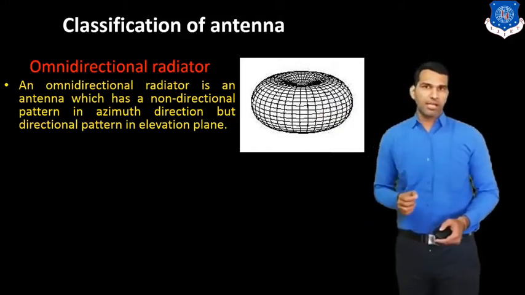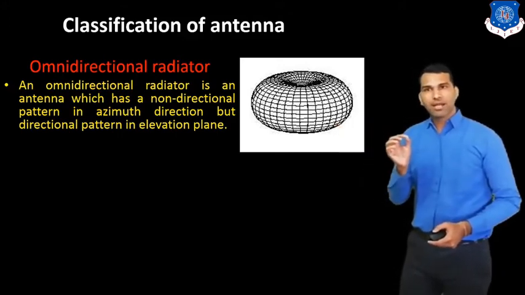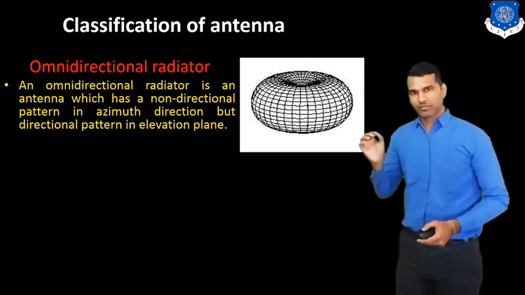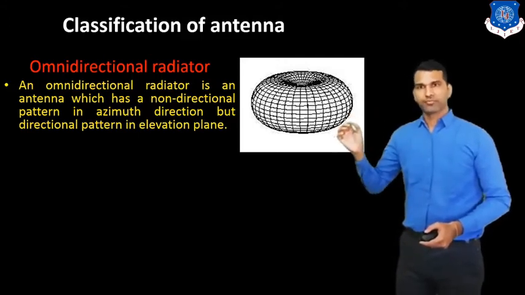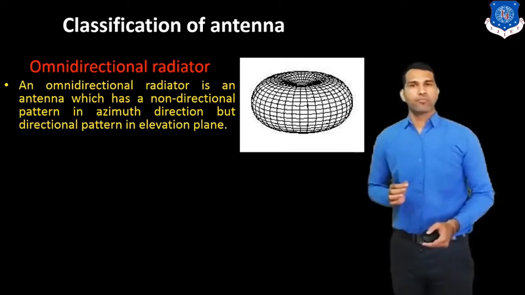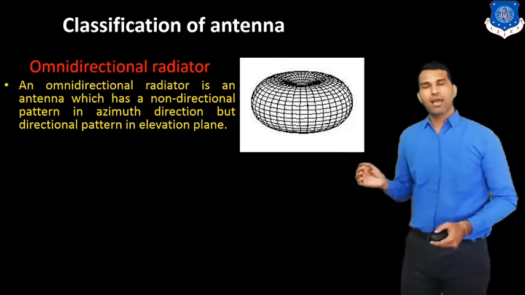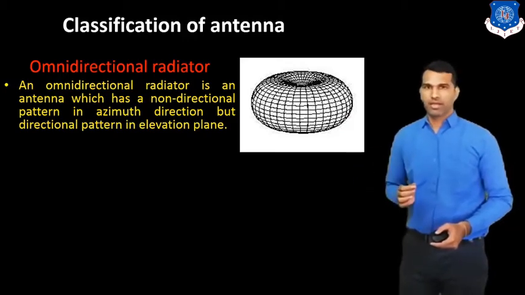You can see the non-directional pattern in the azimuth and the directional pattern in the elevation plane. So this is the difference between the omnidirectional antenna and the isotropic antenna.